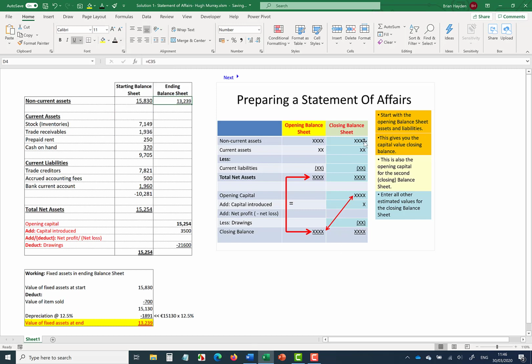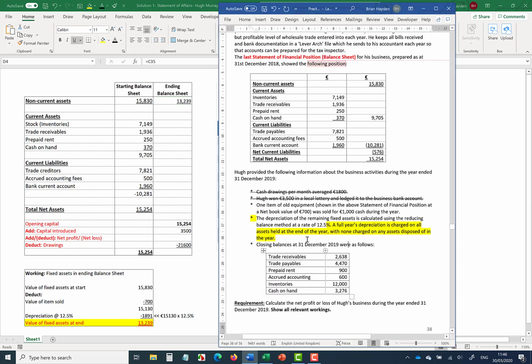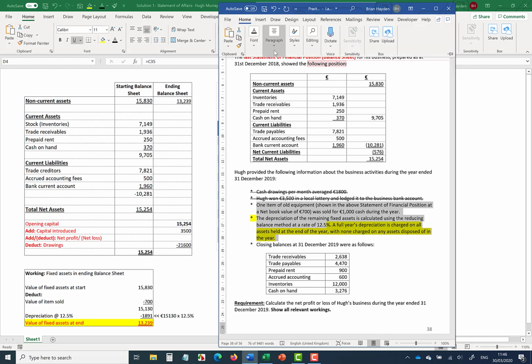Okay, so we've all the other things to fill in, so let's just look at the question one more time. We've dealt with all this. Now closing balances at December 19 were as follows. Again, these are pretty straightforward. Trade receivables 2,638.